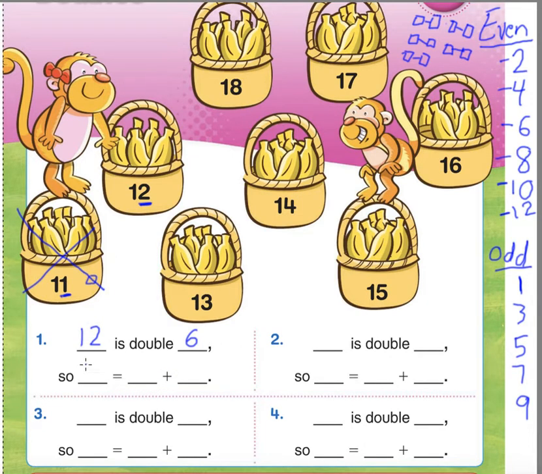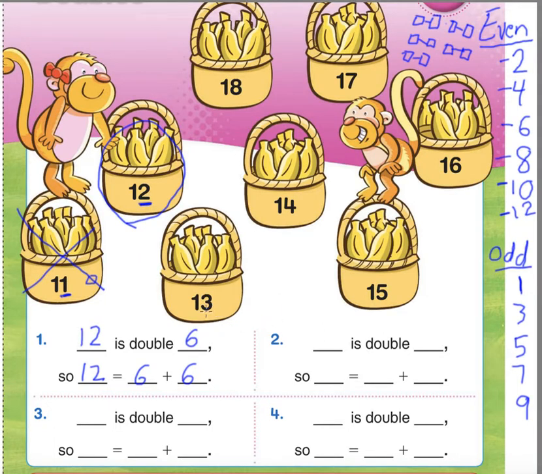So we're just going to bring this 12 down here. 12 equals, well, we know we have our doubles number, right? 6 plus 6. All right, so we did 12. Let's circle this because we did that one. That was a doubles fact.